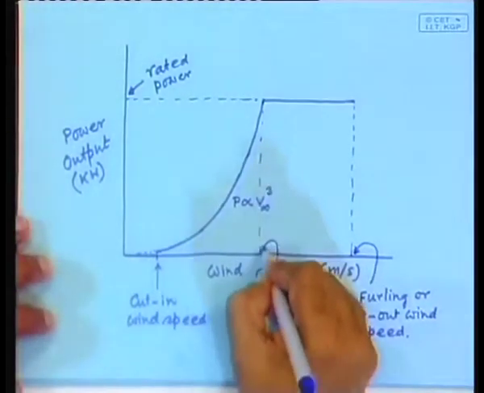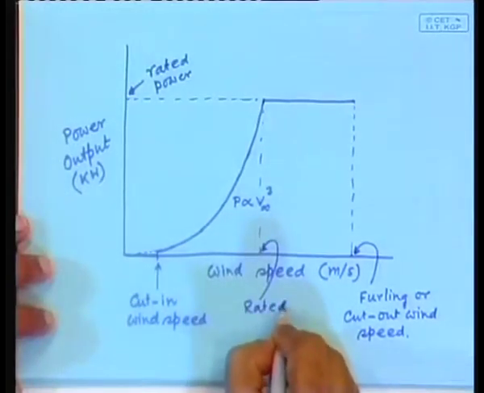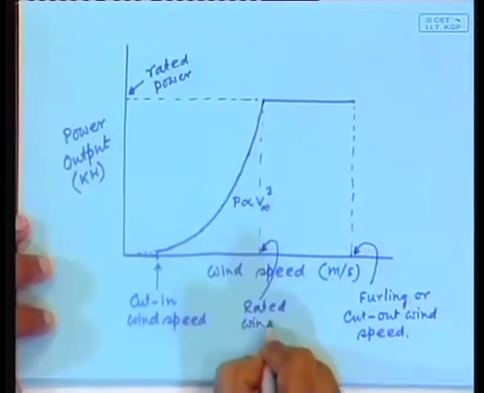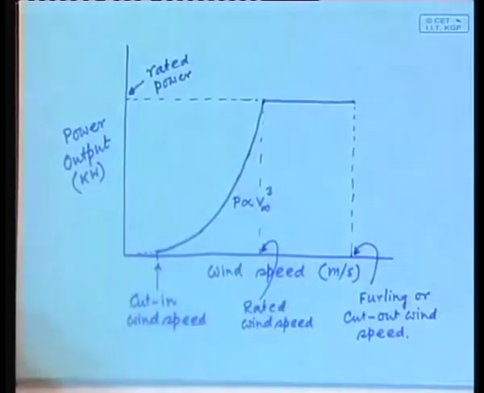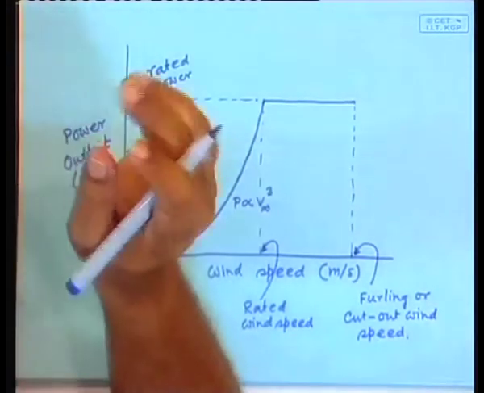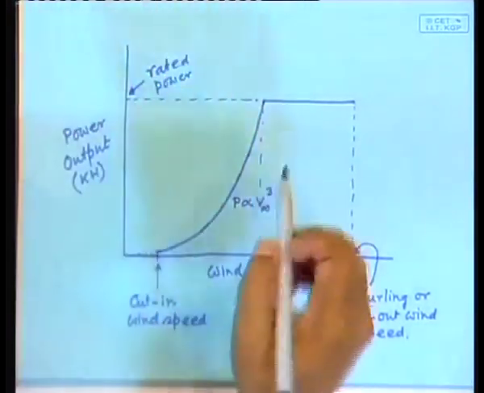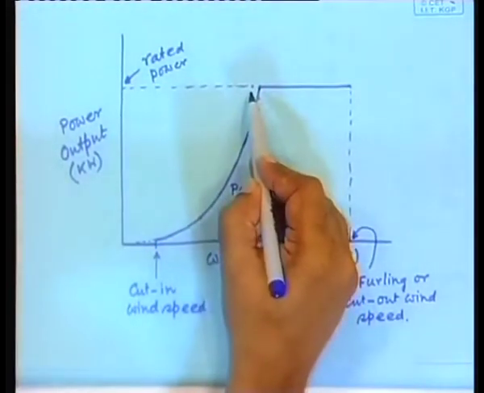So, this is your rated wind speed. You will find that normally the wind turbines are rated to work at that speed, producing the rated amount of power.